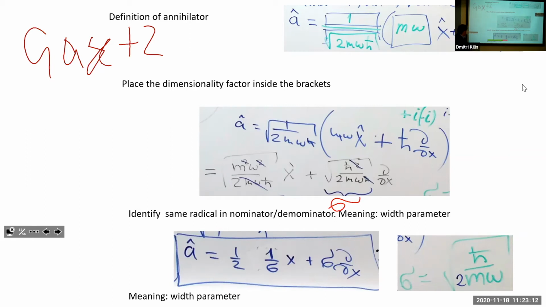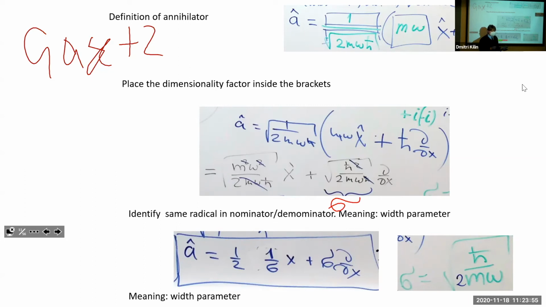By looking closer at this expression, they look symmetric. It's the square root of mass omega divided by Planck constant, and here is Planck constant divided by mass and omega. So it looks like the inverse of itself. And this is a way to make the notation shorter, which is just a tribute to accepting the principle of laziness, which in classical mechanics is called the least action principle, and among humans, laziness.